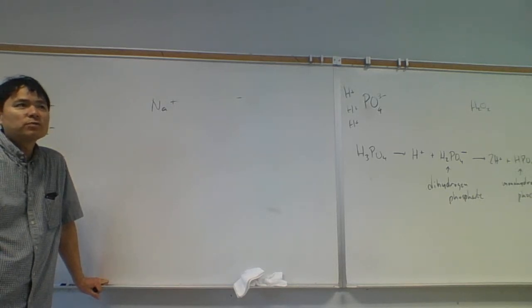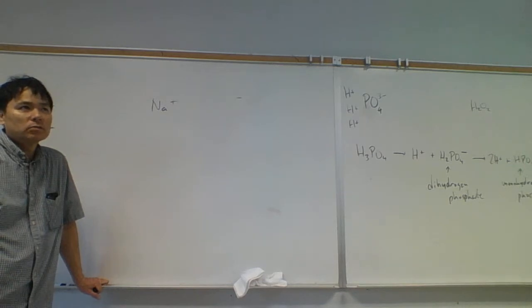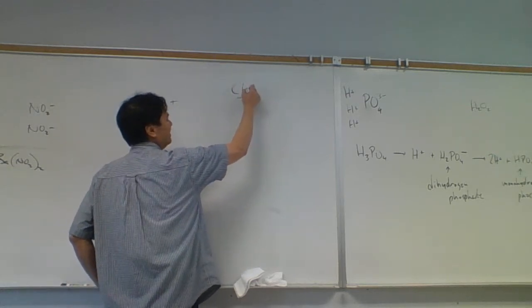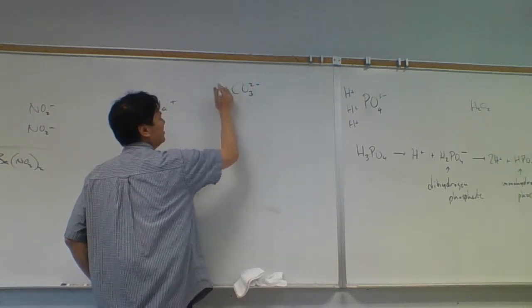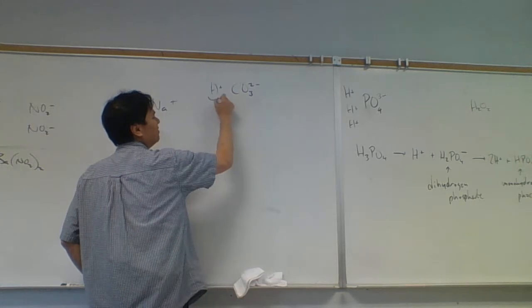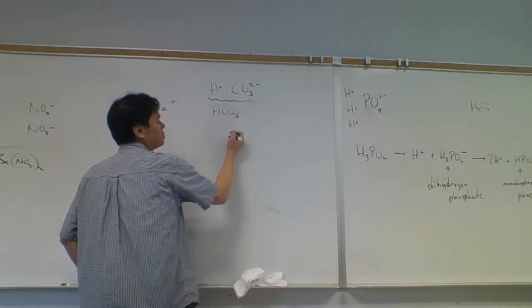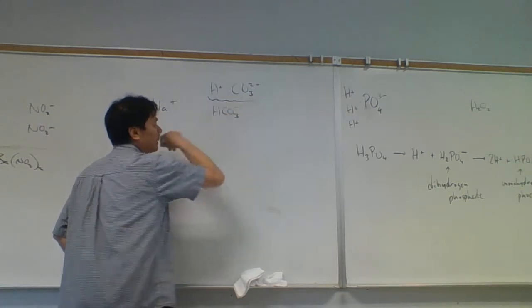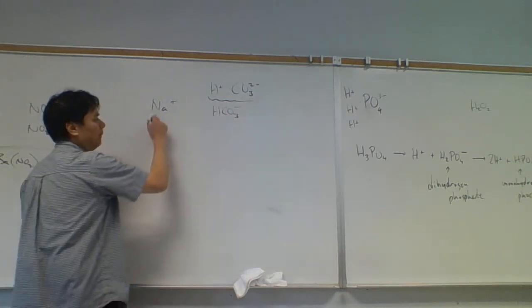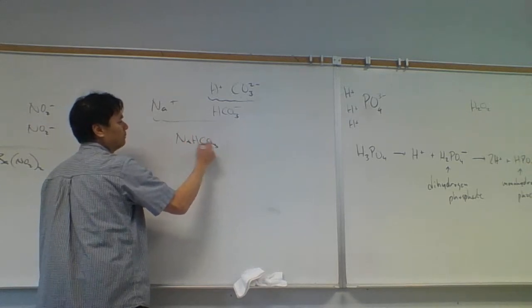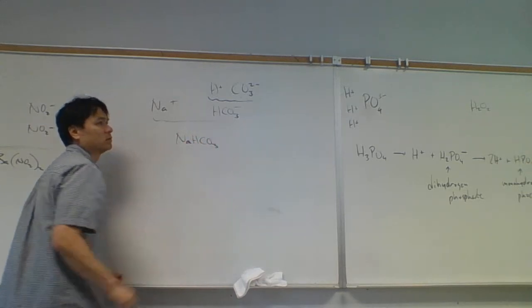A 3 oxygen or 4 oxygen? 3 oxygen, and the charge? 2 minus. So carbonate is that. And so we need to add a hydrogen ion, and we're going to make HCO3 with a charge of 1 minus. And so while that balances, we end up with NaHCO3. Sodium hydrogen carbonate or sodium bicarbonate.